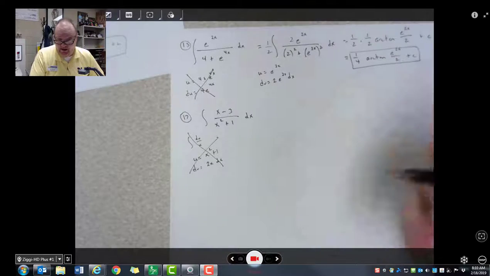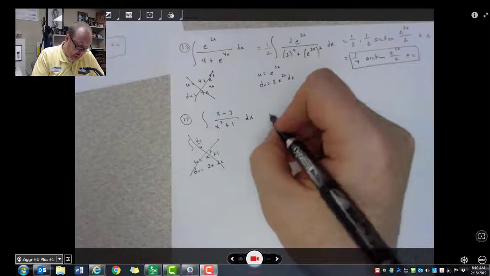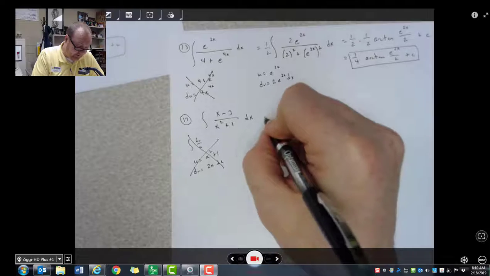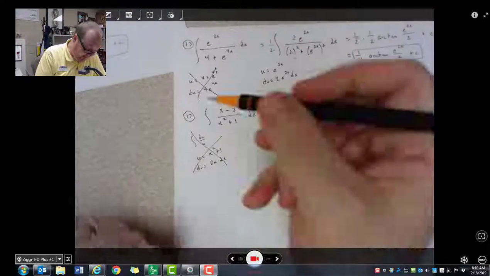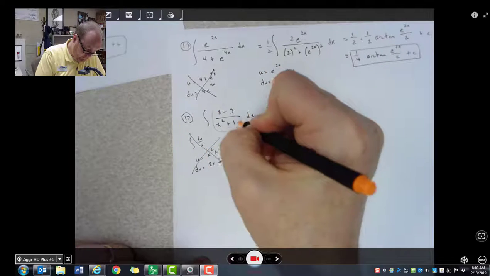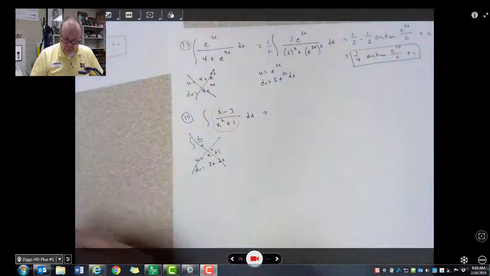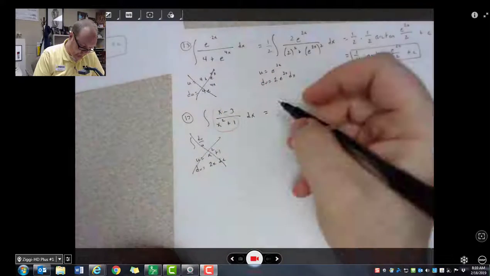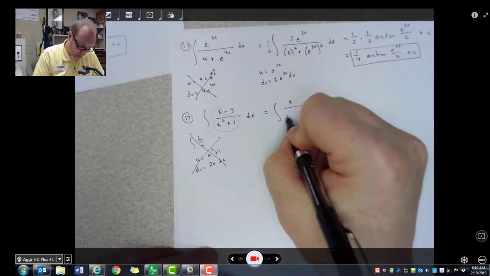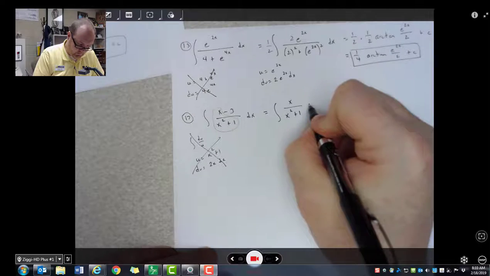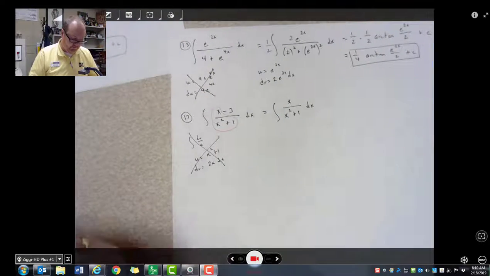So again, we could go through long division, and you can certainly do that on this problem. I'll be honest, it's a little bit quicker just to split the fraction apart. There's one integral. And then here's another integral.